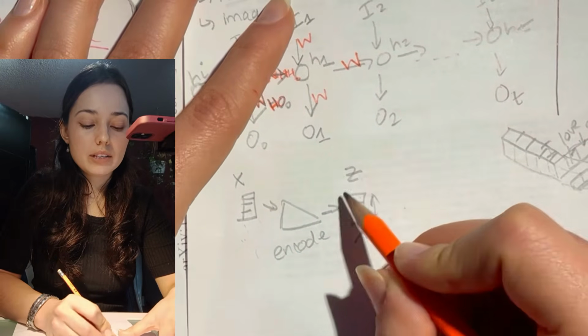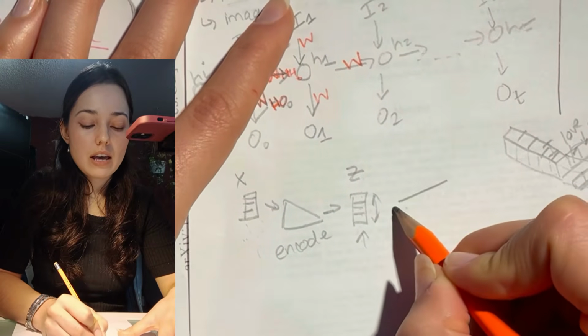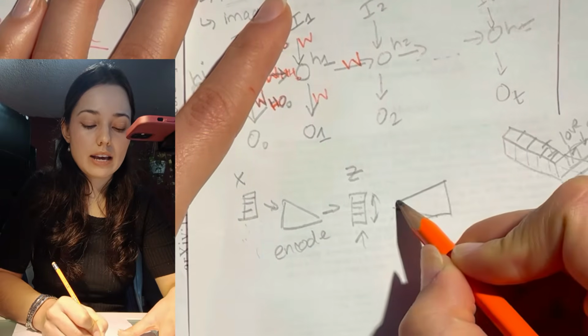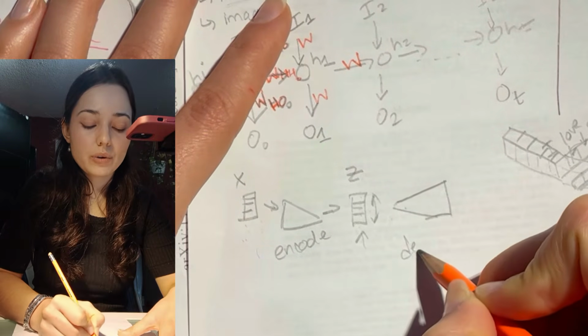And then we can process it, do something to it, and then we have the reverse at the end, called a decoder.